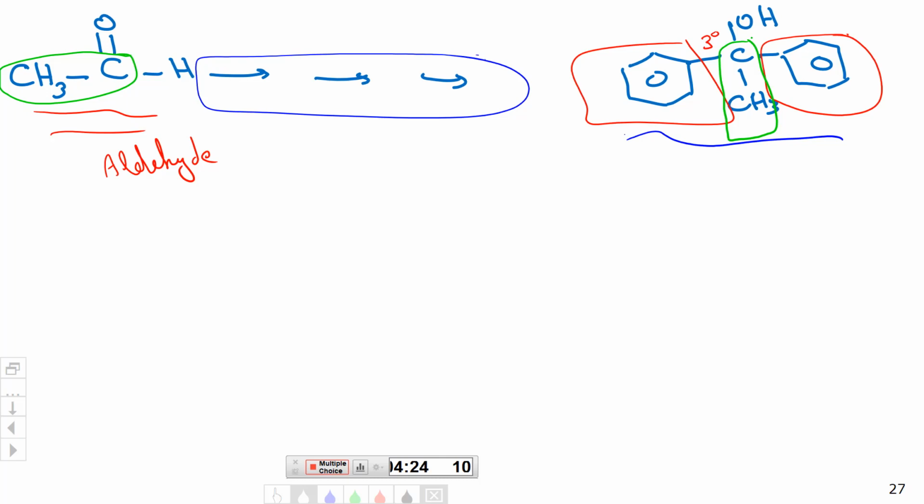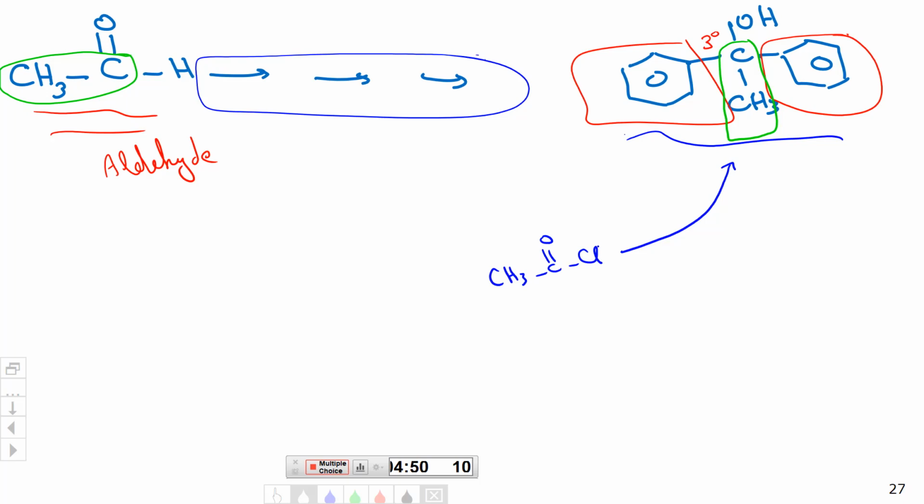Now we learned that to prepare tertiary alcohol, it's going to be either a ketone or an ester or an acid chloride. These are the ones that end me up with a tertiary alcohol with a Grignard, with adding carbons in there. Now, we learned esters and acid chlorides can do that. So in this case, I'm going to go backward and say, this used to be my acid chloride.